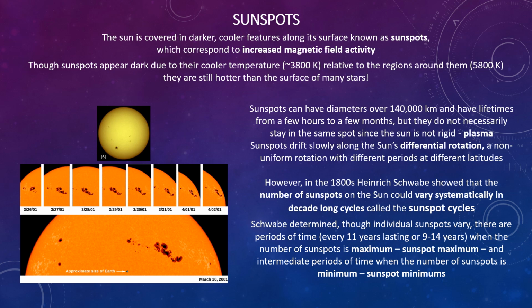We are currently close to, I think we are maybe just after solar maximum, or we are nearing it. So there is still quite a lot of sunspot activity on the sun, which means that solar weather is quite active. And so I will let you guys know if there are any upcoming aurora potentials.